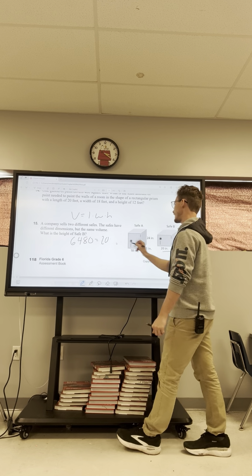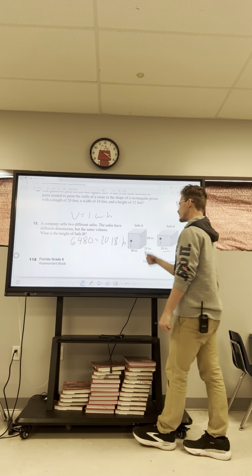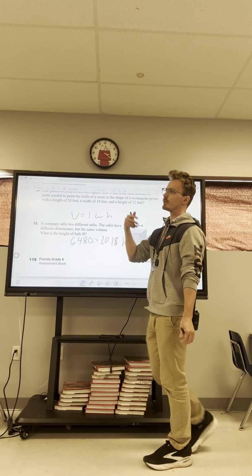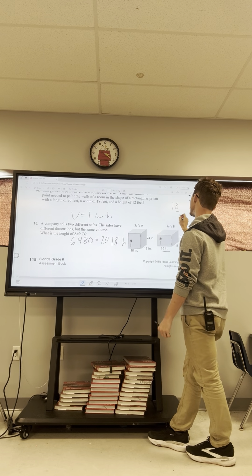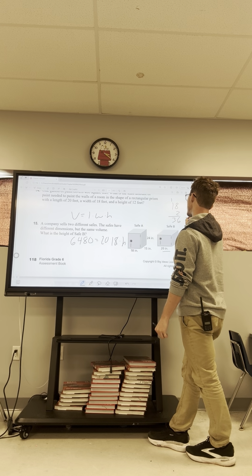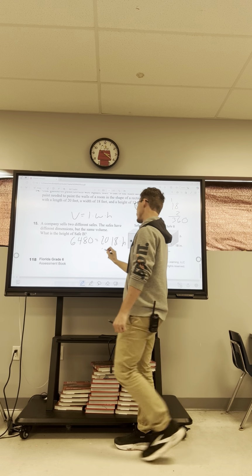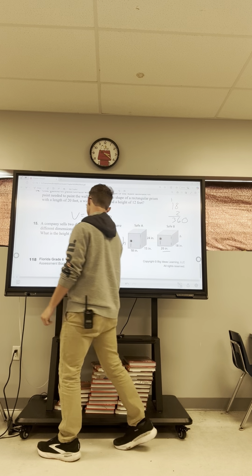Our width is going to be 18. Our height is going to be H. 20 times 18, I tell them, what is 18 times 2? If you don't know, perfectly fine. 36, and then add your 0 back in. We have 360. 360 times H is 360H.